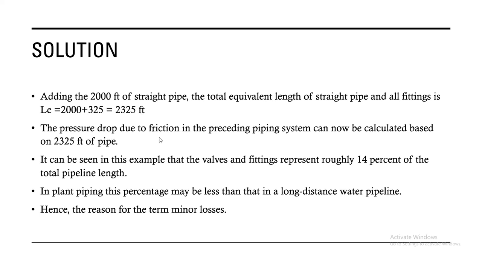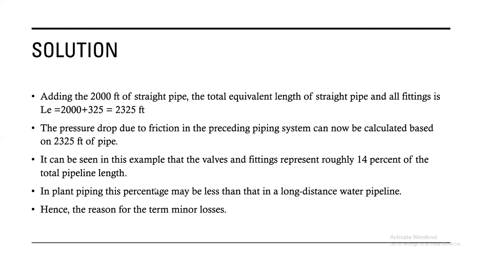So the pressure drop due to friction in the preceding piping system can now be calculated based on 2,325 feet of pipe. It can be seen in this example that the valves and fittings represent roughly 14% of the total pipe length. So if you divide 325 over this one and convert to percentage, it's roughly 14%.